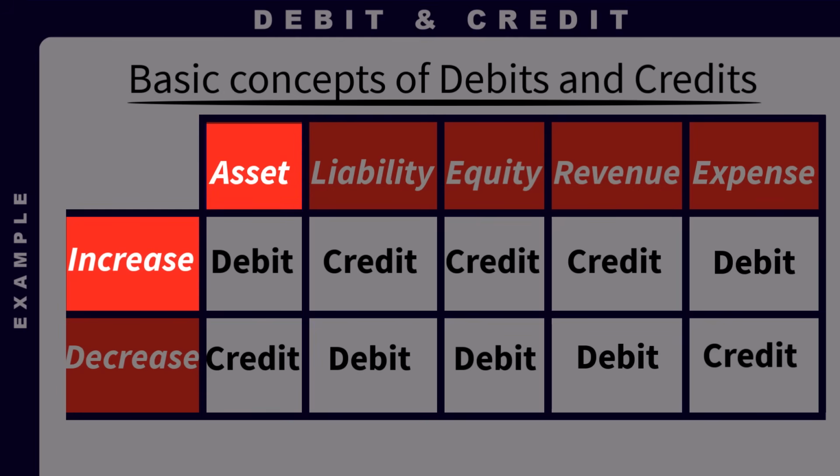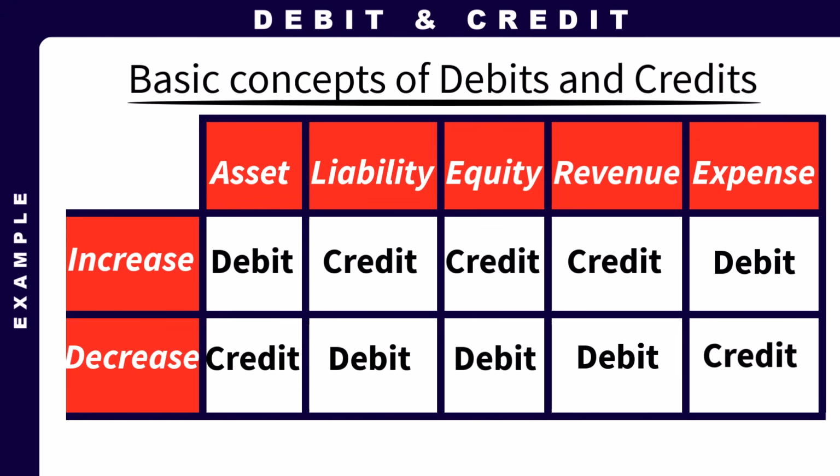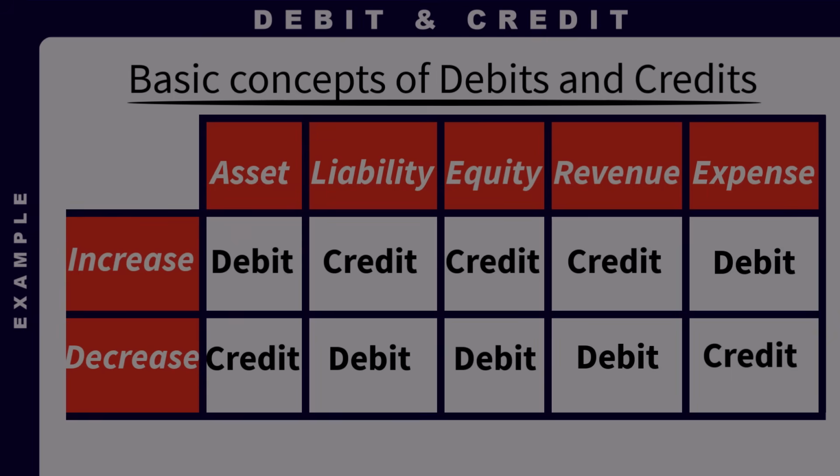Looking at the table, we get debit. The other account affected is rental income, which is a revenue account. Our revenue also increased because of the income earned. So, what happens when a revenue account is increased? Based on the rules of debit and credit table, it is credit. Good. So, accordingly, accounts receivable is debited and rent income is credited.